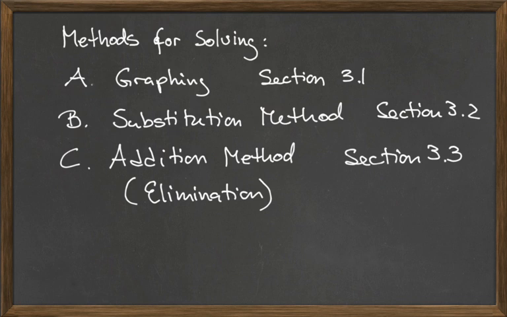And the methods for solving are graphing, and that's in section 3.1. Then we look at the substitution method. Now we're going to do it algebraically, which is in 3.2. And the addition method, which is sometimes also called the elimination method, is in section 3.3.